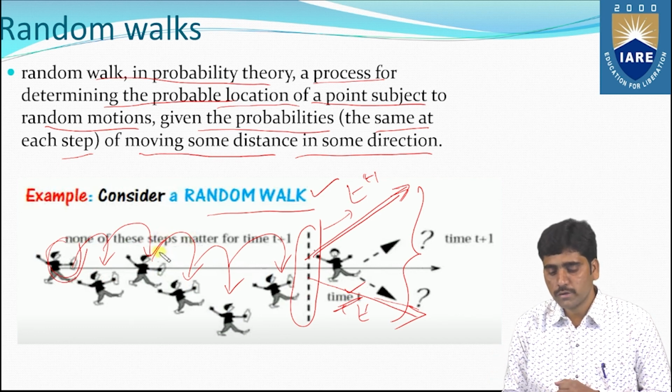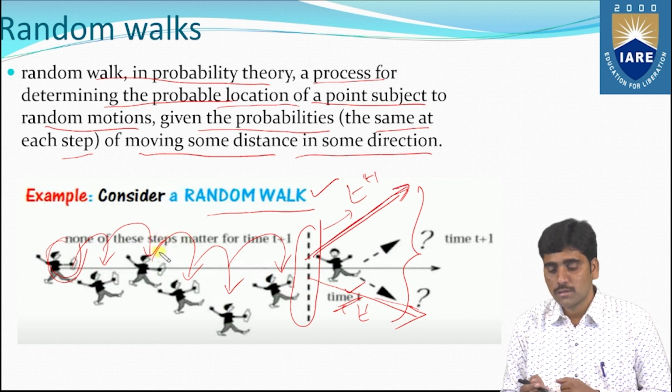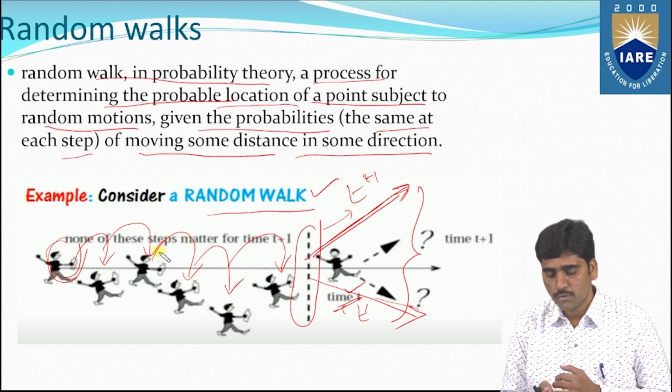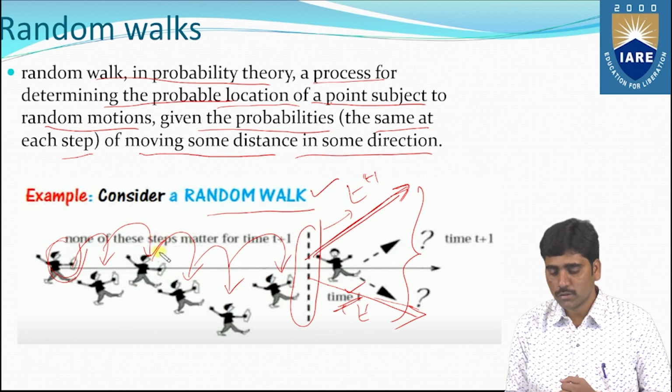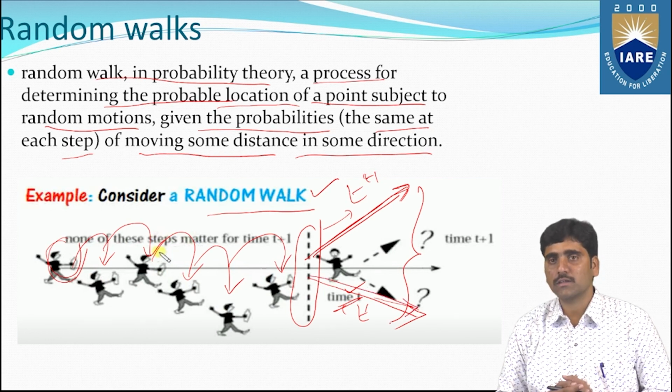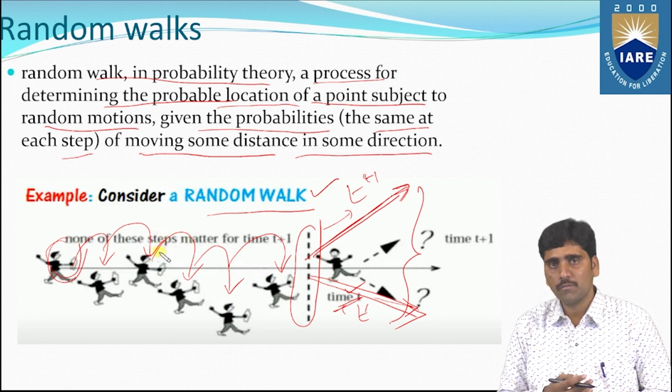So how they choose this random process with the help of indexed time is going to be known as random walks.